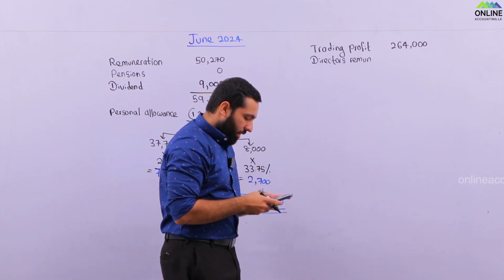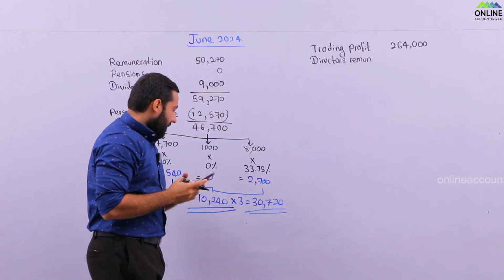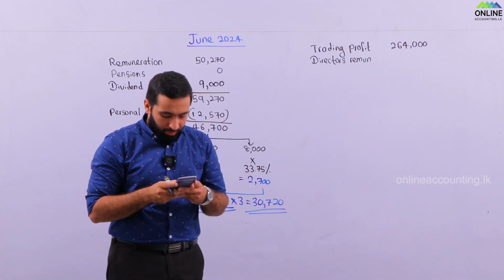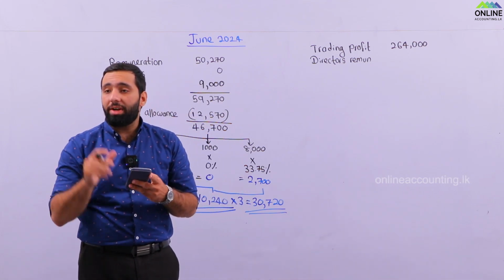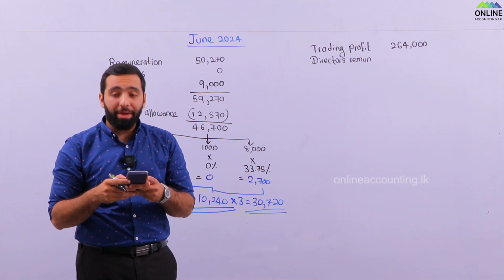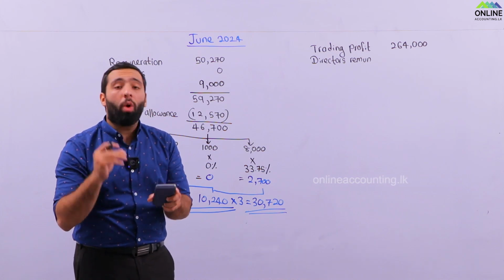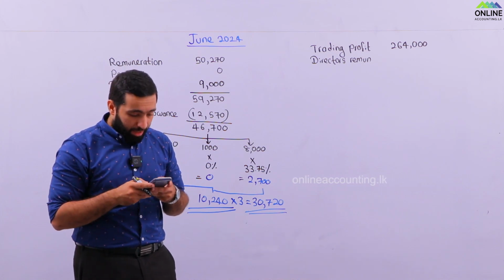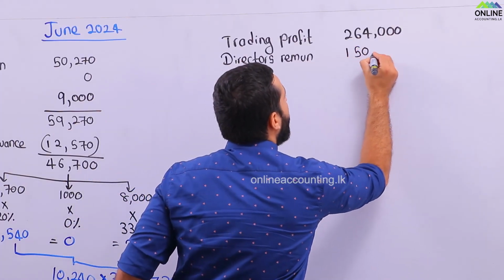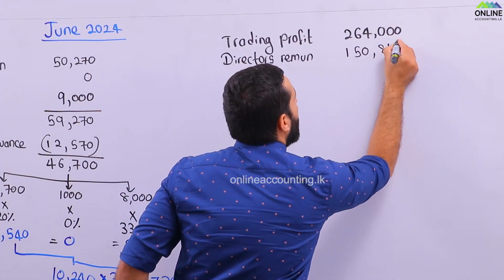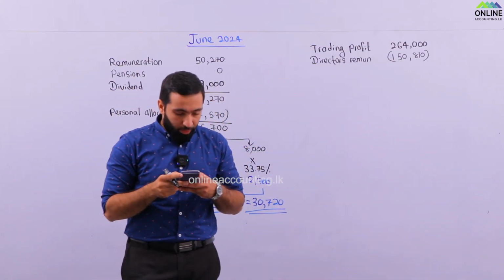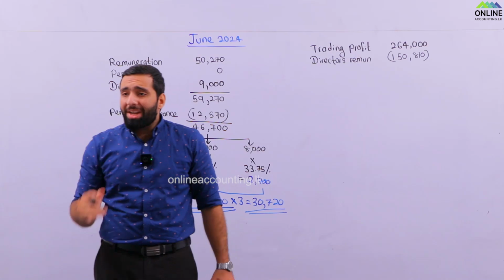Yes, very important. So how much is the remuneration? Yes, 50,270. That is clearly given in the question, and you multiply it by 3 and it will give you 150,810. You can reduce this. Make sure to put it within the brackets. And then what else?